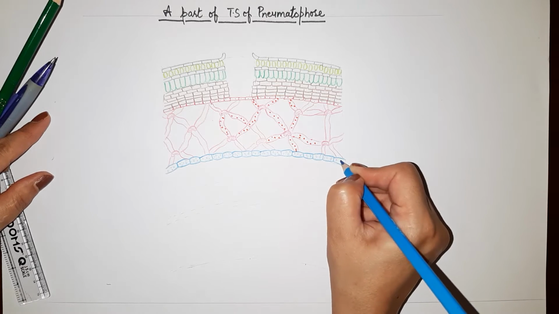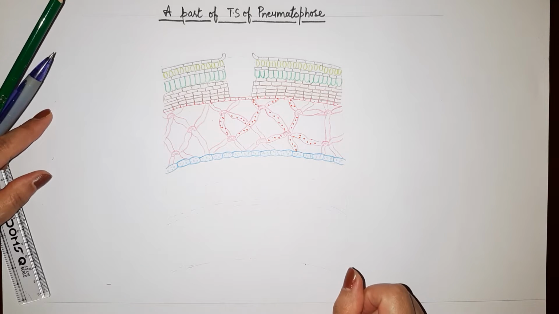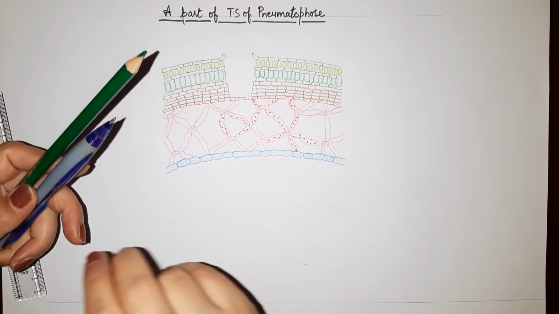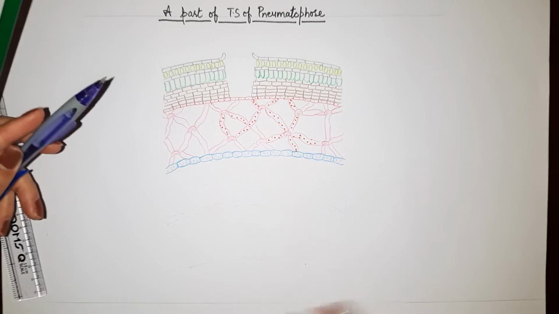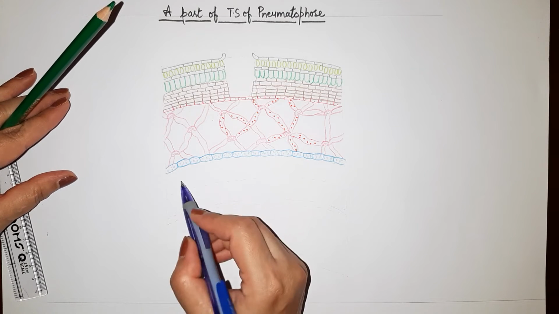Now the next layer is pericycle, and pericycle is heterogeneous type. Here we will draw the patches of sclerenchyma and parenchyma. So you can mark certain areas.